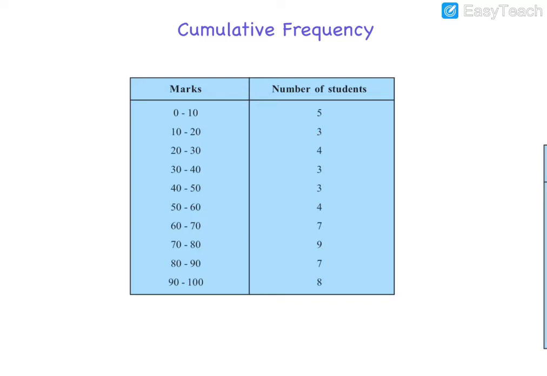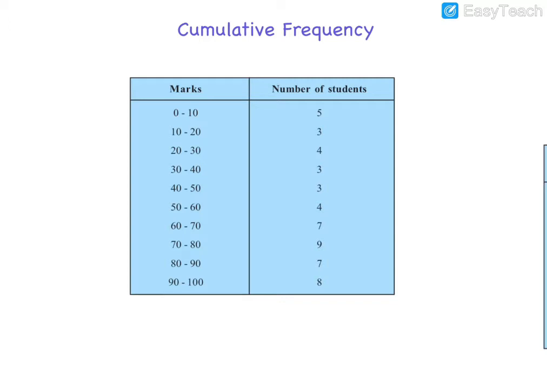But if I ask you how many students obtained marks less than 20, then the students who obtain marks less than 10 will also be included in that answer. So students who obtain marks less than 20 will lie in the class interval 10 to 20 and 0 to 10 both. So the answer will be 8.